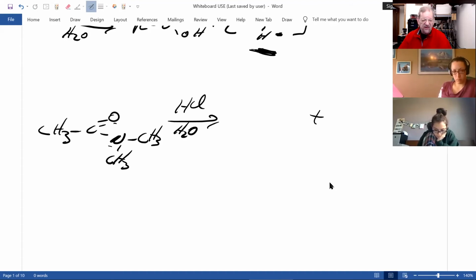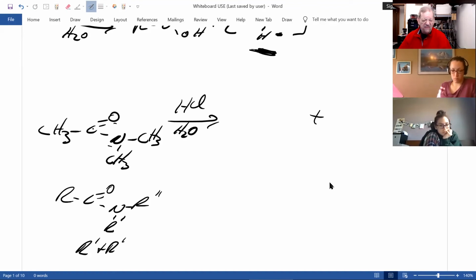Ooh, oxygen, nitrogen to the same carbon. Carbonyl, nitrogen, carbons here, carbons here, carbons here. This is an amide. And remember, our prime and our double prime can be hydrogen, but in this case, they're not.